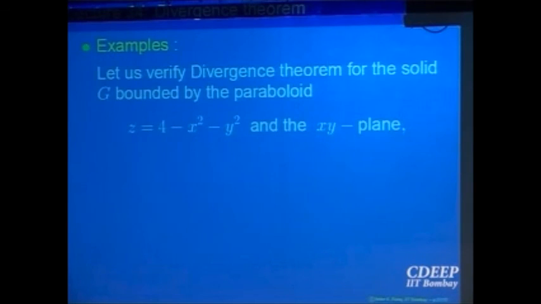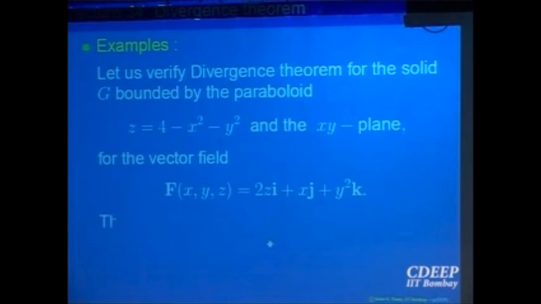Then only the equality holds. For the divergence theorem, the normal should always be pointing away from the region, outside the region, and the surface closed. Then only the two will be equal. That is the only care one has to take. Otherwise, one is the computation of the triple integral, the other is the computation of the surface integral. We know how to compute both of them and show they are equal.